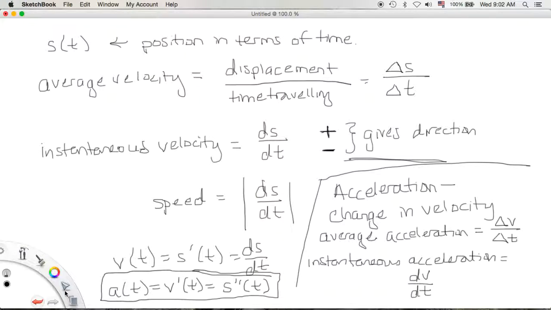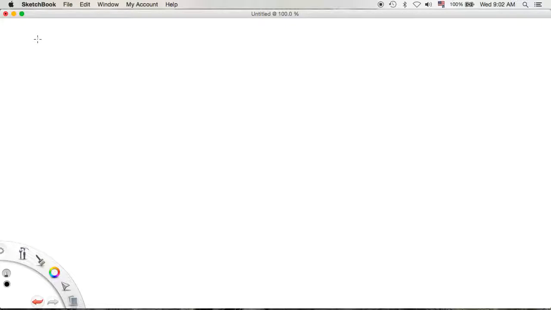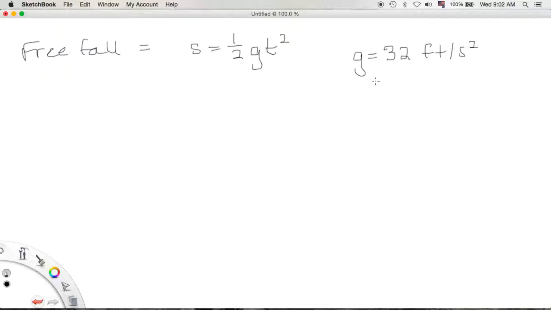One little thing that you also need to know, this formula. If you have a free fall, then your position formula is 1/2 the acceleration due to gravity times time squared. And gravity, there's 2 that you need to have memorized. Hopefully you've taken physics, or you are taking physics, and you've gone over this some.